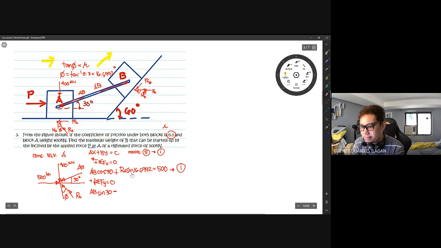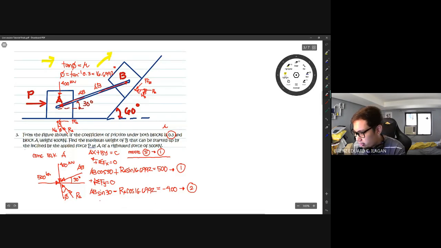So nasa left side siya ng equation. So that's why it is minus RA. So magiging cosine of 16.6992. And then plus 400 kasi pababa. So transpose ko sa kabila equals to negative 400. So that is 2.